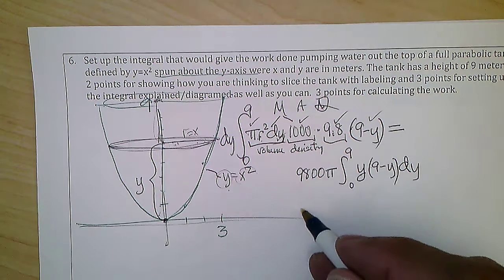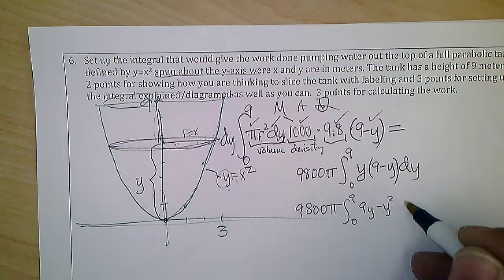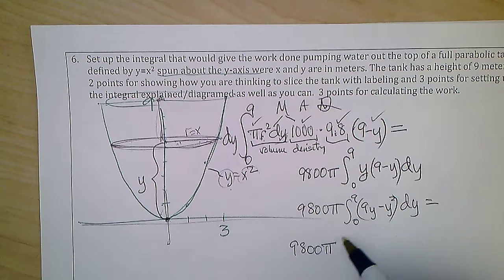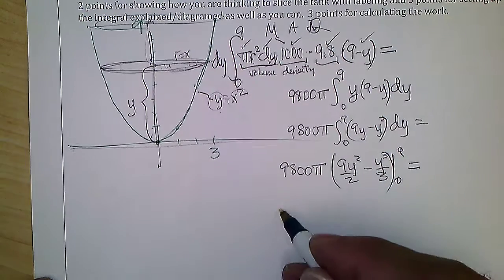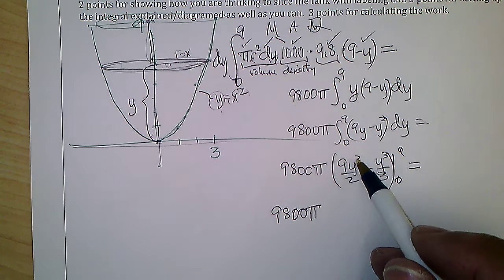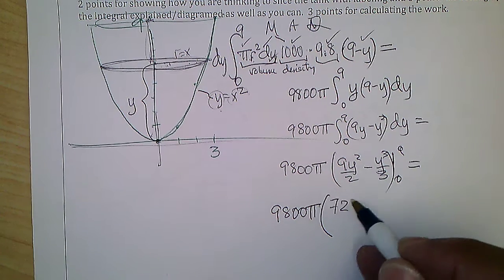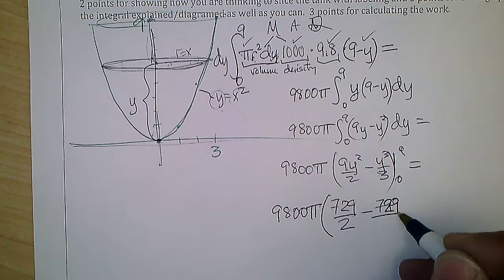So this is which is going to integrate to and when you put the 9s in, so 9 squared times another 9, which should be 9 to the third, or 729, I believe, over 2, minus 729 over 3.